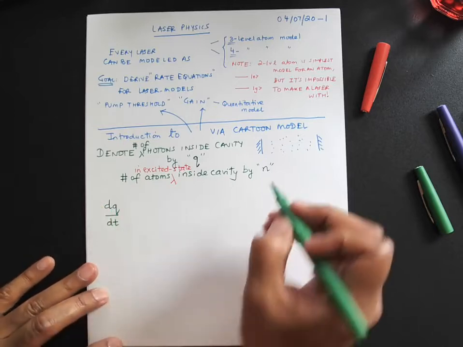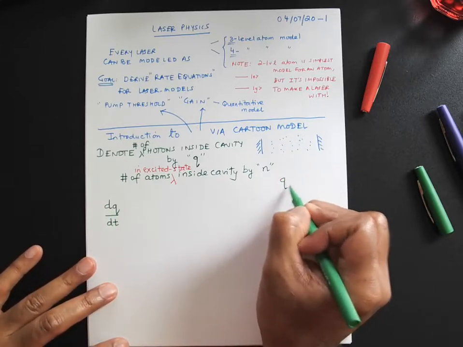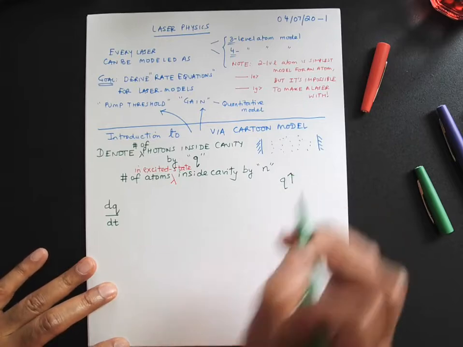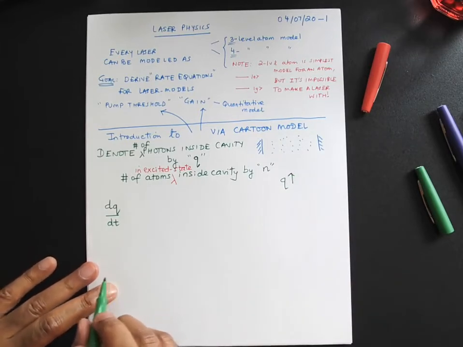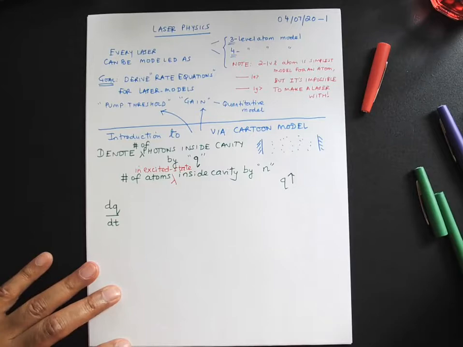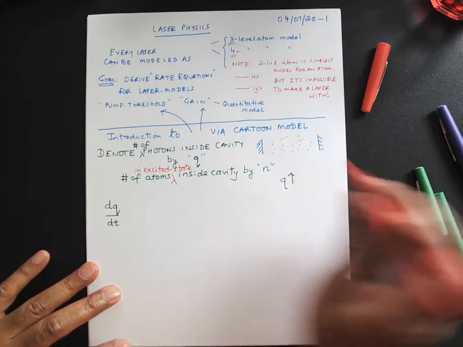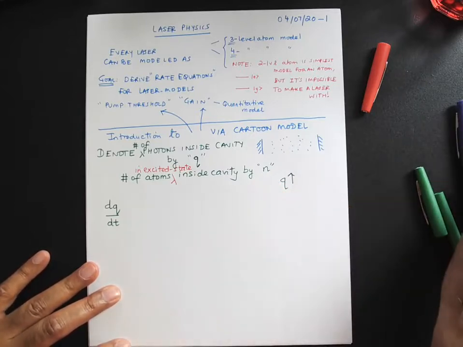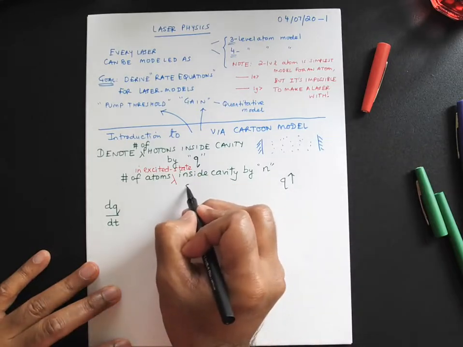And you can ask yourself, okay, so what makes Q go up? What will make Q go up is, of course, stimulated emission.